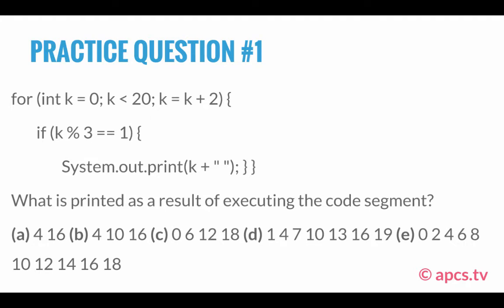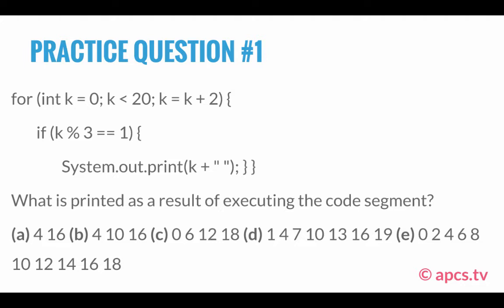So now that we understand how multiple choice comes along on the AP Computer Science test, let's look at one practice question to understand exactly how a sample question might look. This question I've picked up directly from College Board. The question goes: for (int k = 0; k < 20; k = k + 2).